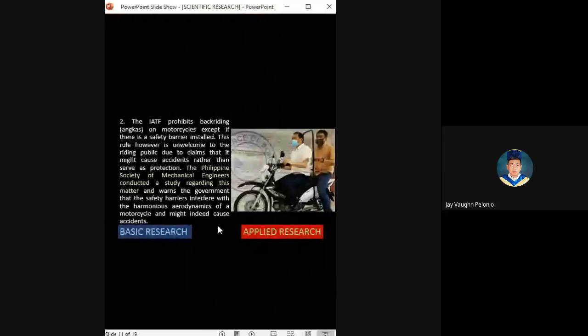The Philippine Society of Mechanical Engineers conducted a study regarding this matter and warns the government that the safety barriers interfere with the harmonious aerodynamics and might indeed cause accidents. So the question is, in this scenario, what type of research did the Philippine Society of Mechanical Engineers conduct? So unanimous decision kayo na applied research, ha? Let's see.